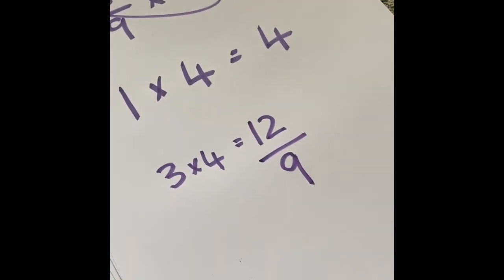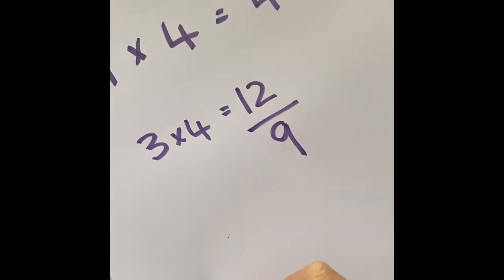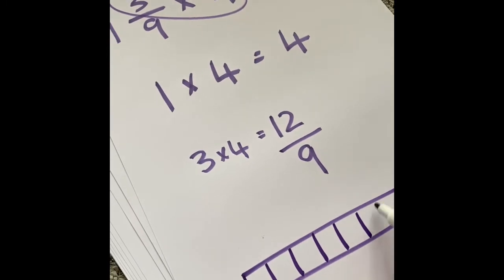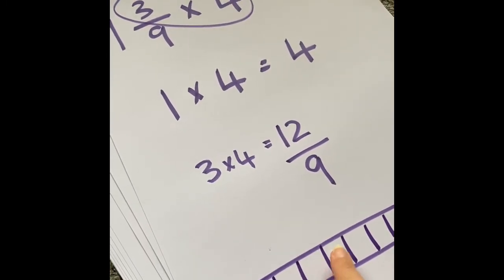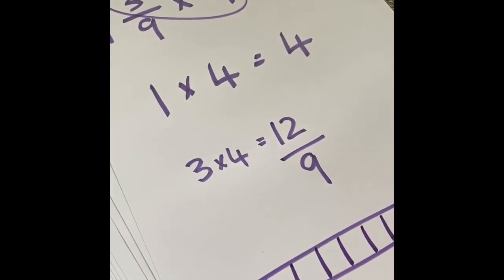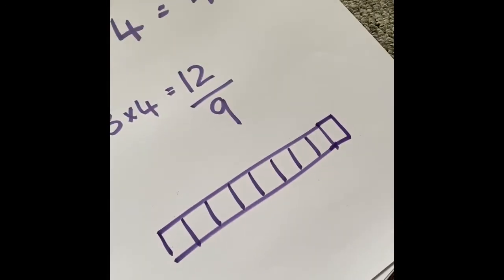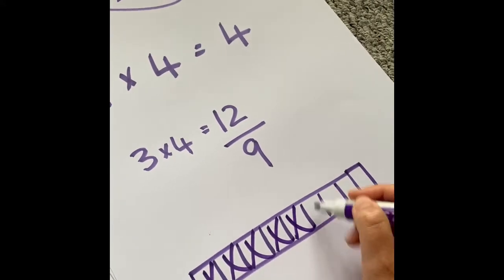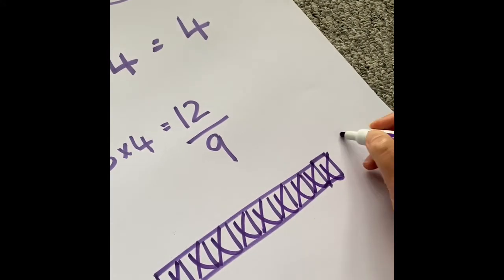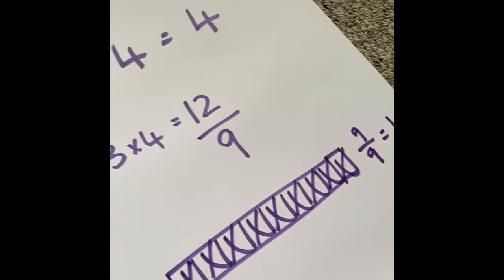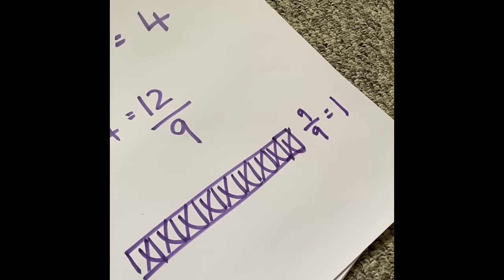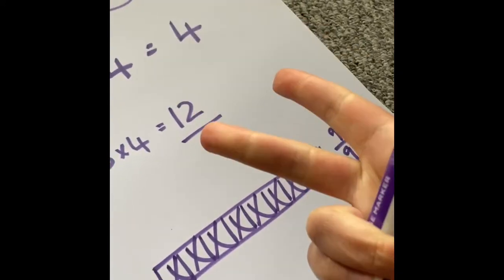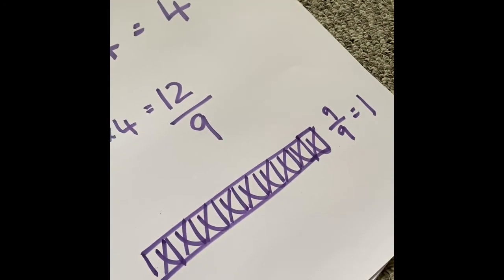Now it's an improper fraction, isn't it? So it's heavy. I know that if I drew a bar model, 1, 2, 3, 4, 5, 6, 7, 8, 9, and I tried to shade in 12 parts, 1, 2, 3, 4, 5, 6, 7, 8, 9, I've got some left over, haven't I? So if I count up from 9: 10, 11, 12, I have got 3/9 left over.